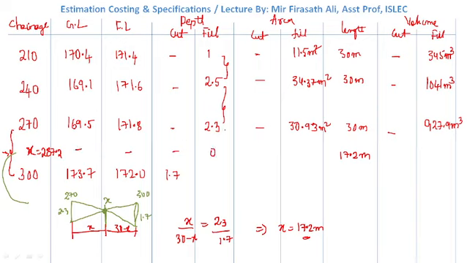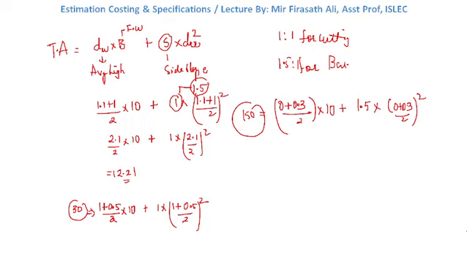Take the average of 2.3 and 0, that is 2.3 plus 0 by 2, and substitute it into the area formula. We already have the formula over here: dW into B plus S into dW square.